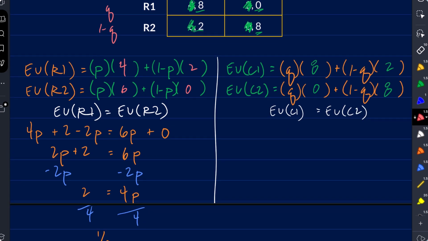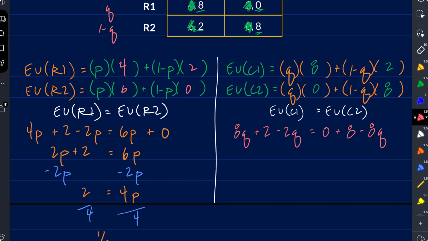Okay, so 8Q plus 2 minus 2Q is going to equal 0 plus 8 minus 8Q.